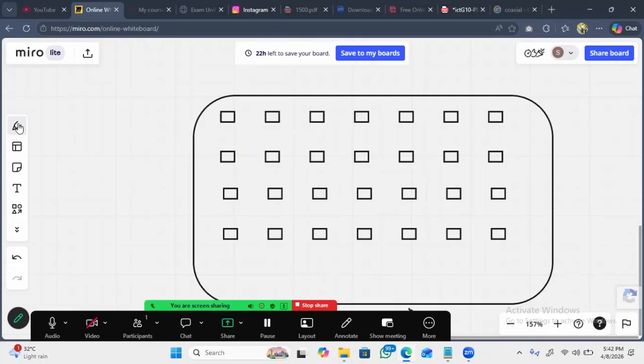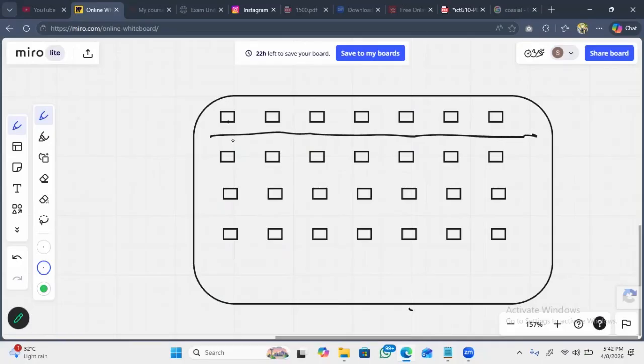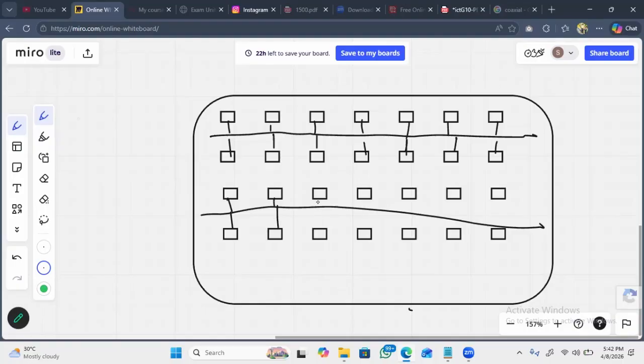Now you need to connect all these computers and you are using a topology. Topology means a pattern to connect all the computers. You know what topology I'm using, right? You can use these kinds of topologies to connect computers.